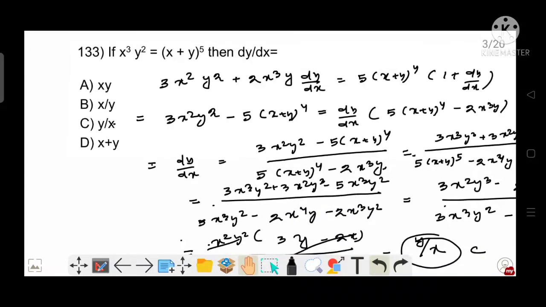Which is your answer C. Okay, move to the second question.